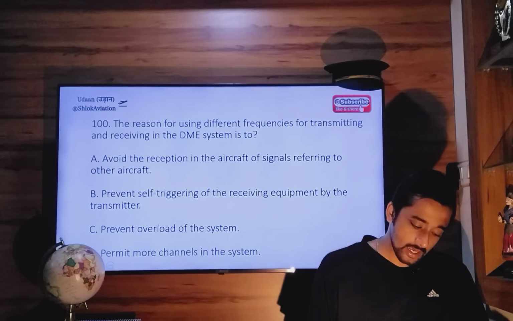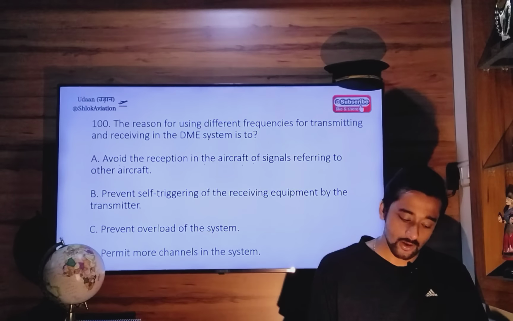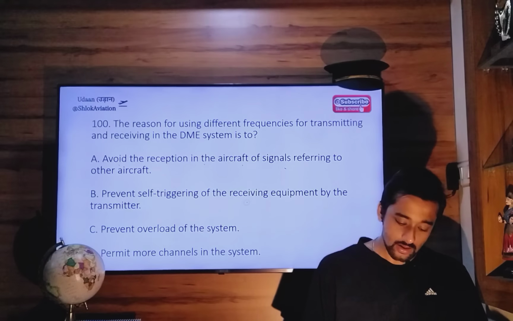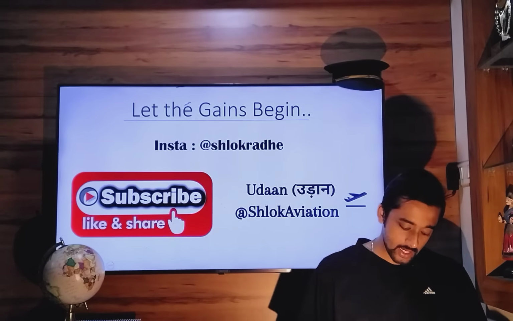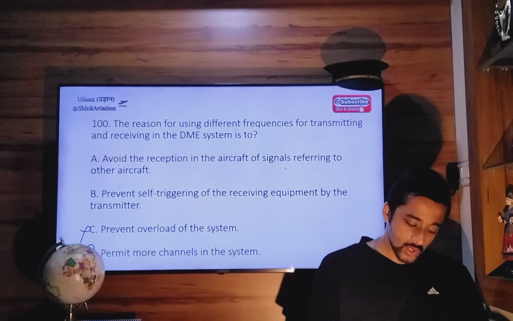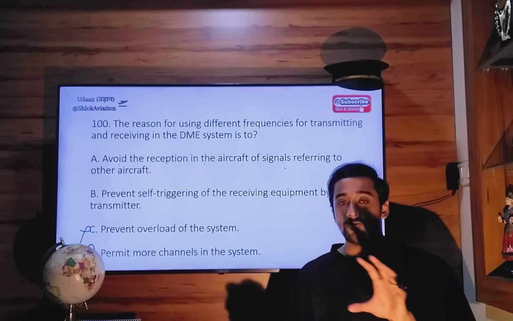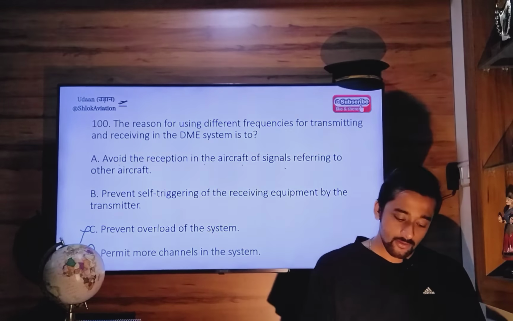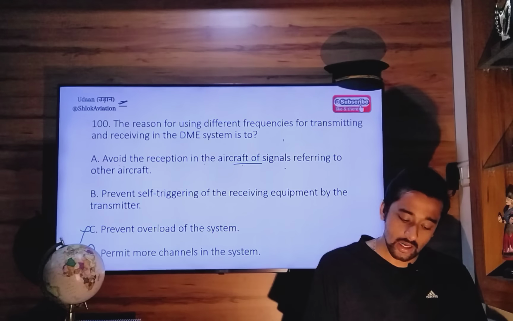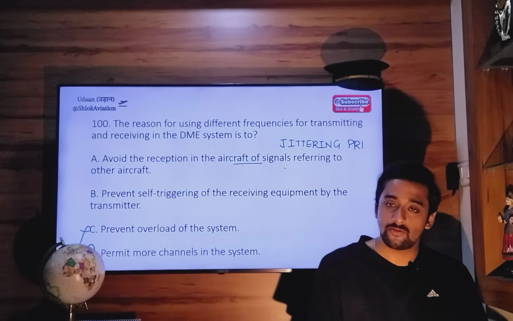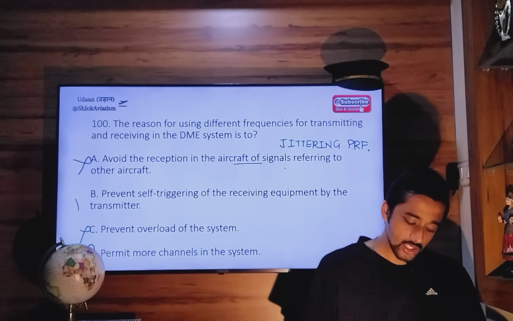So the options are: avoid reception in aircraft of signals referring to other aircraft, prevent self-triggering, prevent overload, permit more channels in the system. To avoid reception of signals meant for other aircraft, we do not use different frequencies primarily. For that, we have made an arrangement called jittering of PRF, pulse repetition frequency. So the correct option is option Bravo.